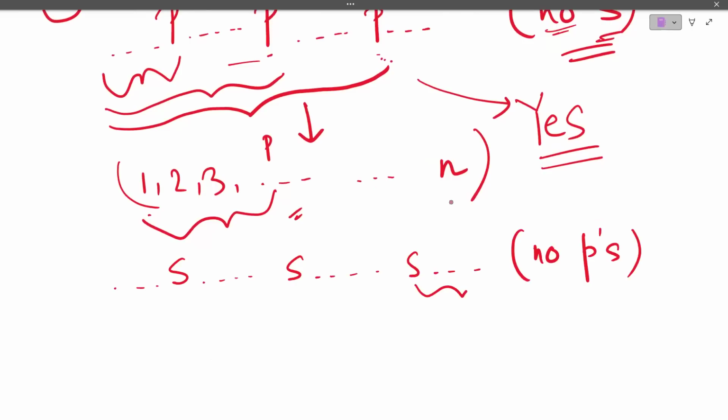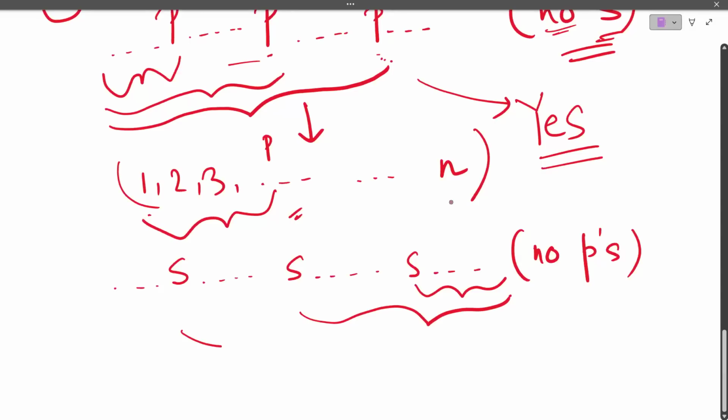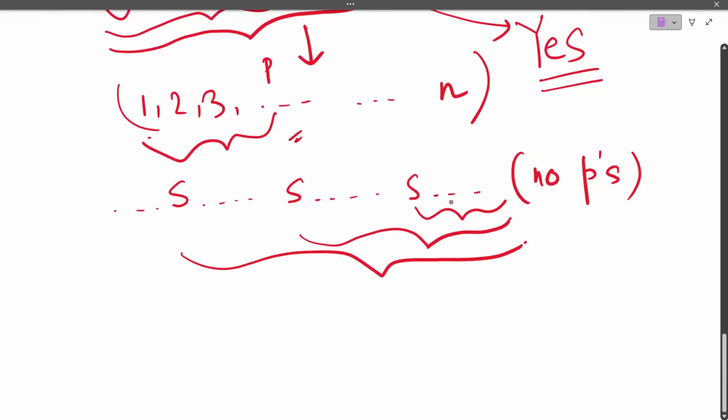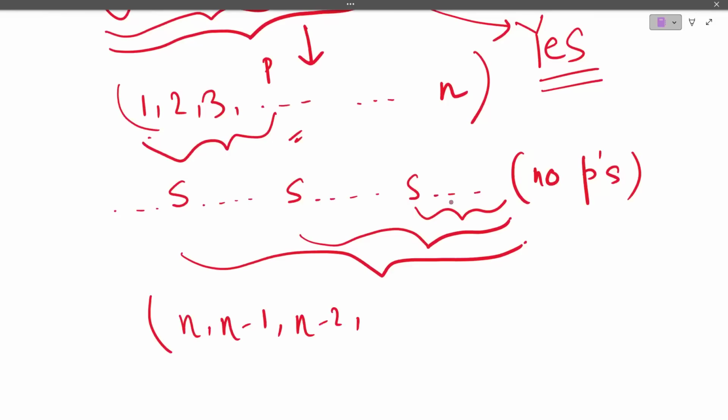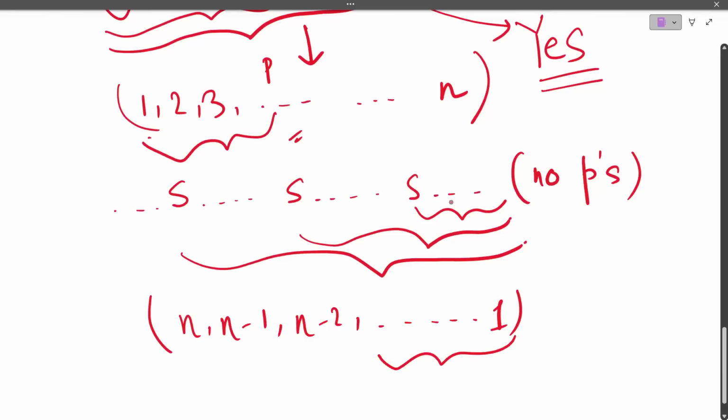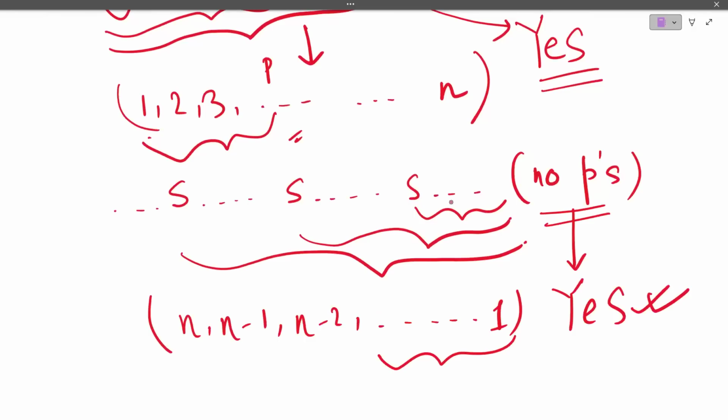Exactly similarly, this s indicates that this is the suffix, this s indicates that this is the suffix, and this s indicates that this is the suffix. So we can always create, in this case, a permutation of this format: n, n minus 1, n minus 2, dot dot dot 1, right? Here, any suffix you pick would be a valid permutation. So if there are no p's, then also my answer is yes, because I can always have a valid permutation. So this problem is also solved.